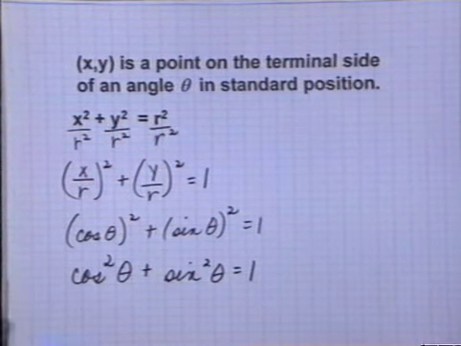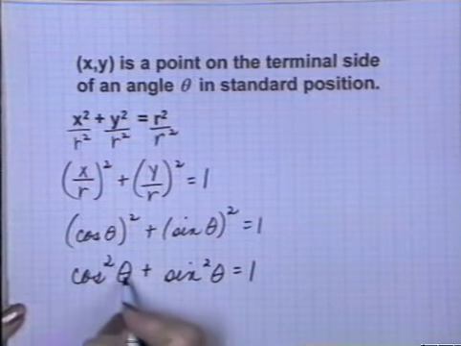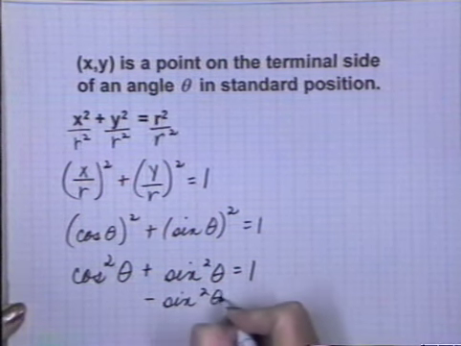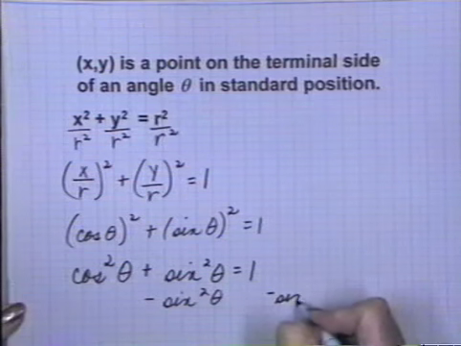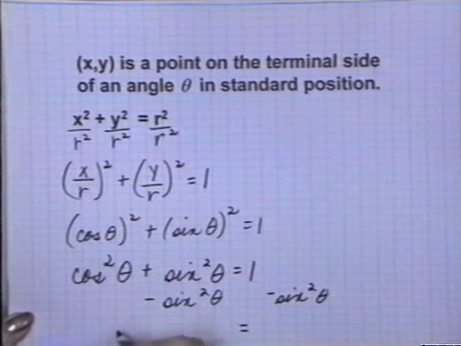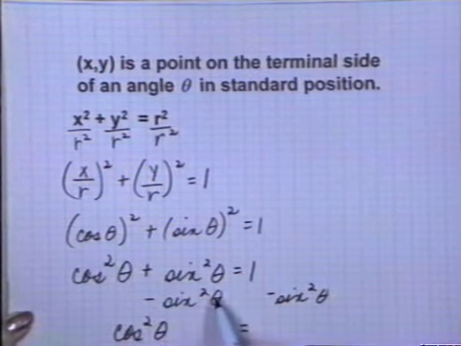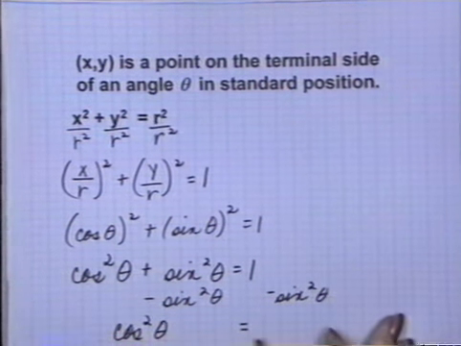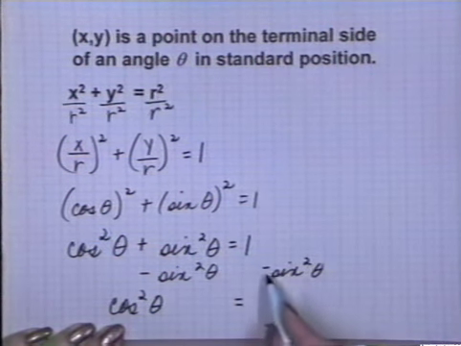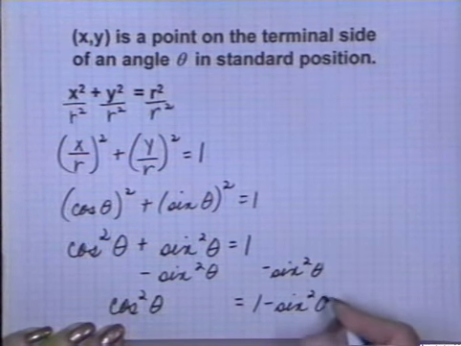Now what we can do with that is take this identity and solve for cosine squared theta by subtracting sine squared theta from both sides, and we get cosine squared theta. Of course, sine squared theta minus sine squared theta adds to 0, and on the other side we have 1 minus sine squared theta.